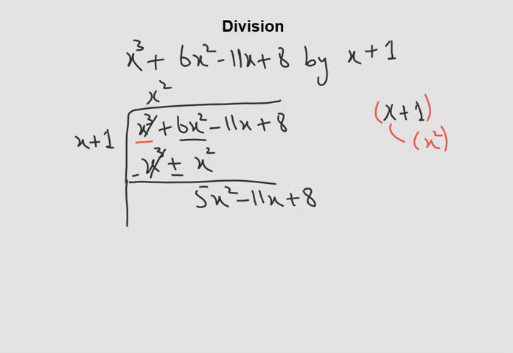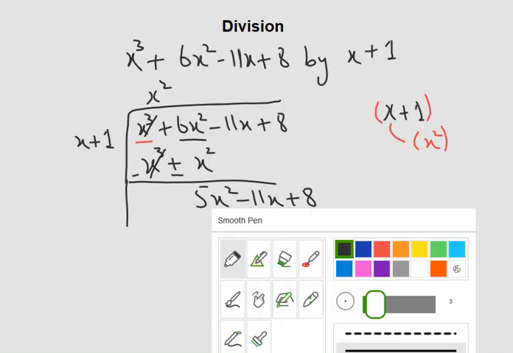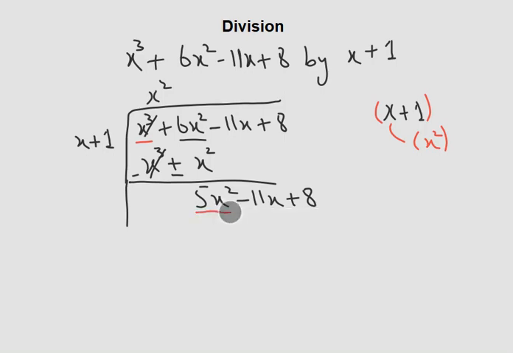Now what do we need? The first term here is 5x square. With which term should x plus 1 be multiplied so that we get 5x square? The first term is x, so x will be multiplied with 5x, and we will get 5x square.